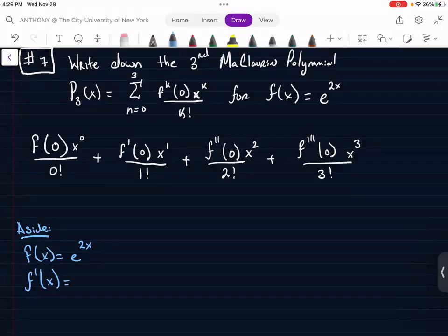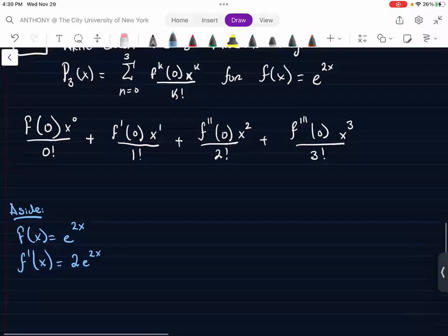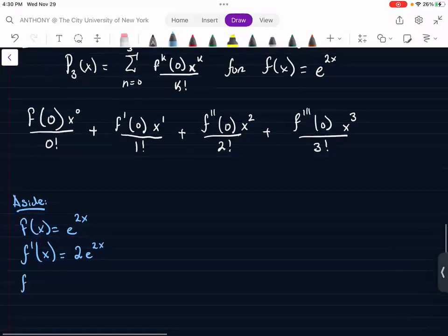What is the first derivative going to be? Yeah, 2e to the 2x. Your second derivative? That's right. You get 4e to the power of 2x. Right, so note that you're using your chain rule for derivatives. And f triple prime of x is going to be 8e to the power of 2x.